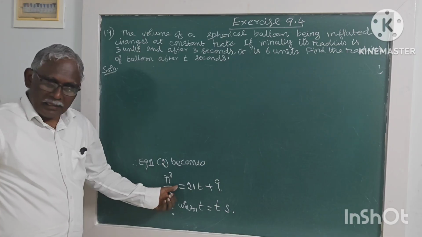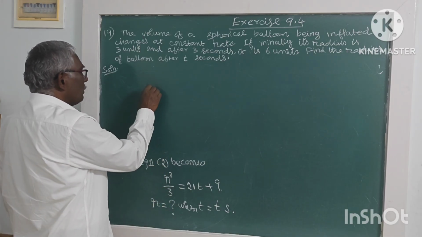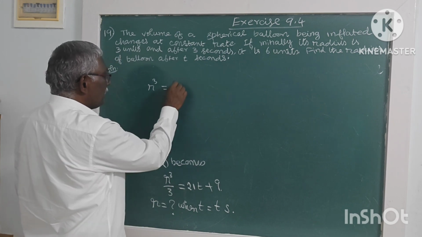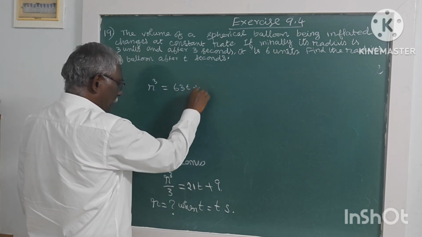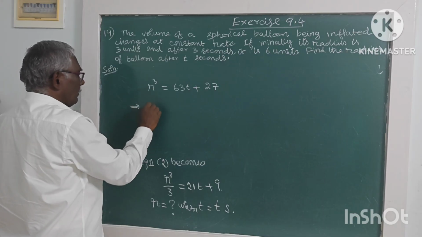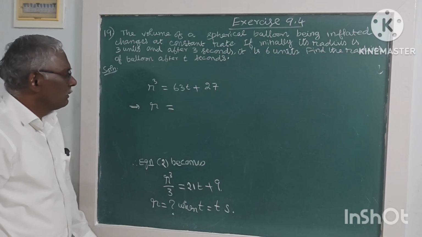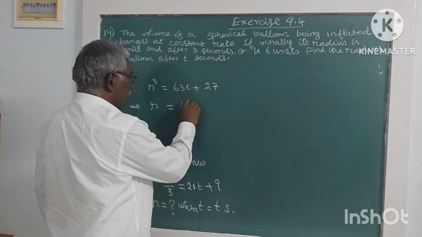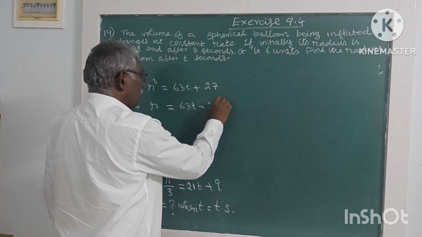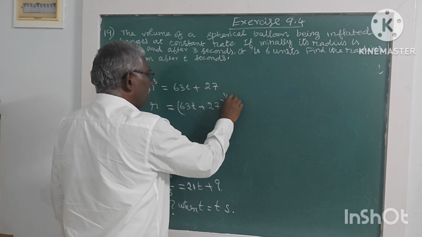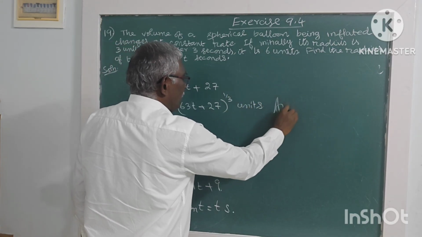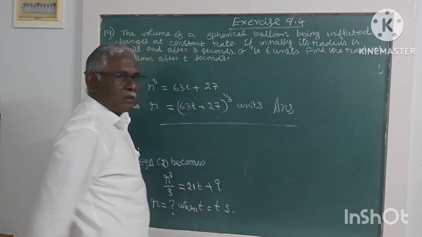So we'll rewrite this: r cube is equal to 21 into 3, 63t plus 27. This gives r value as (63t plus 27) power 1 by 3 units. So this is the answer.